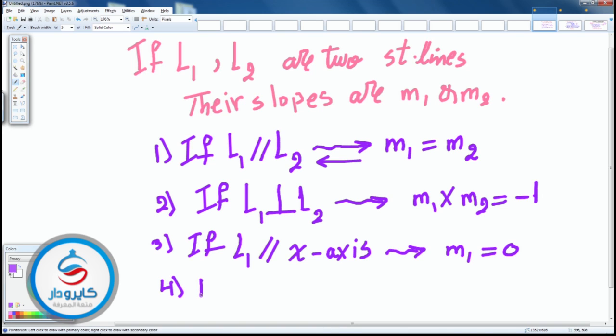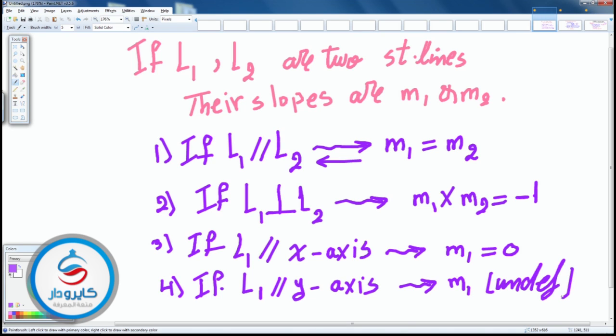Number 4, if L1 is parallel to the y-axis, that means m1 is undefined. These are 4 important rules and cases about the relation between two straight lines.